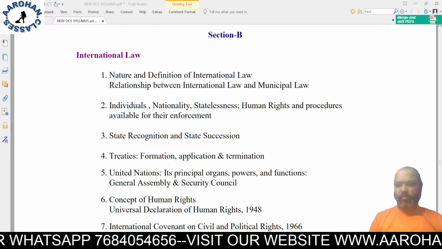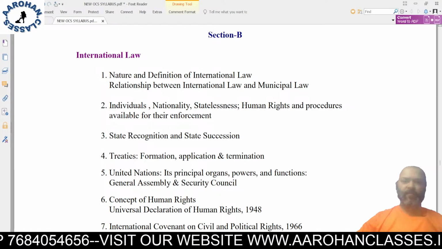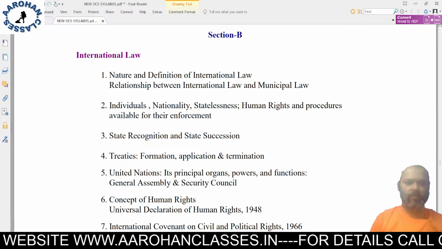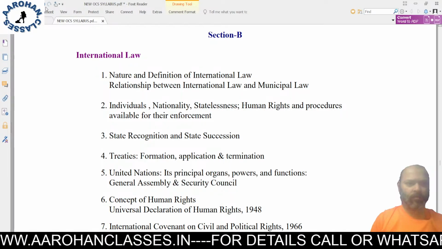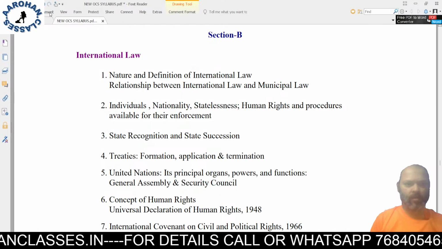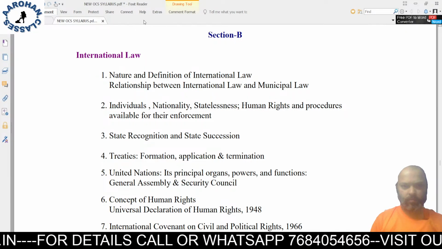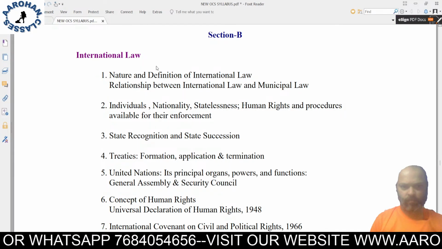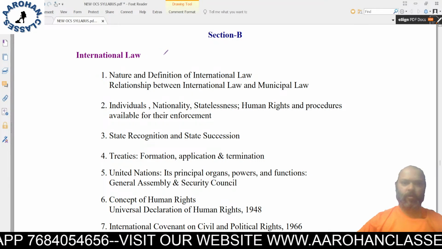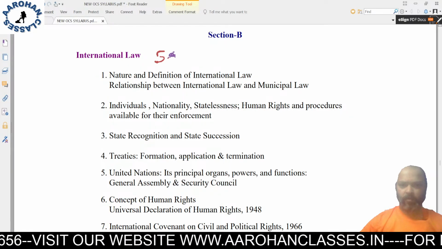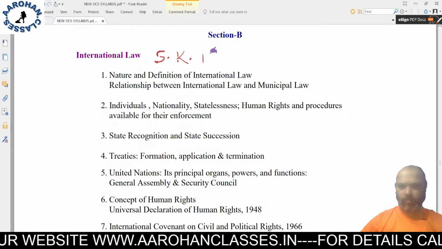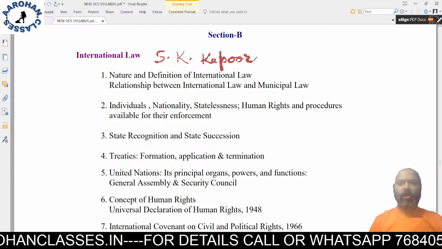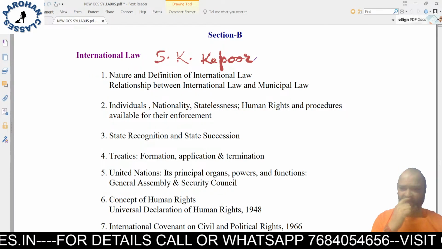So this is SK Kapoor, International Law and Human Rights, and this is what we will be following. This book would be sufficient.